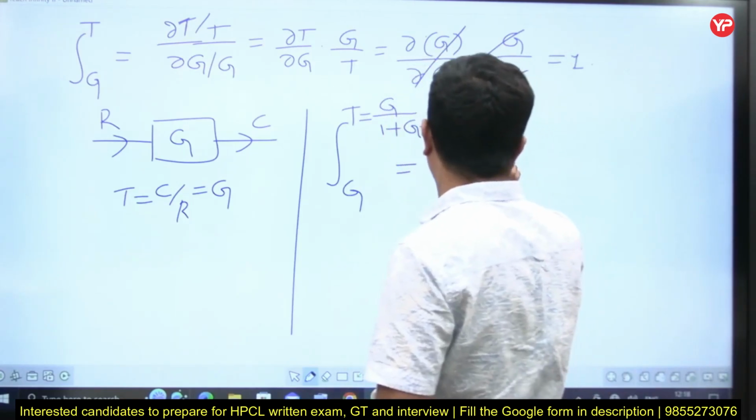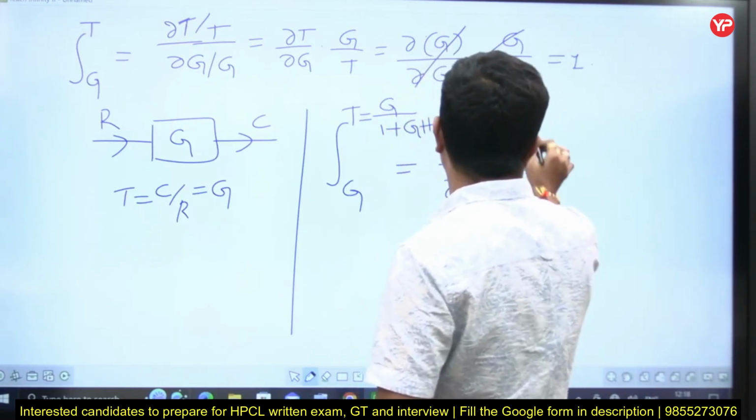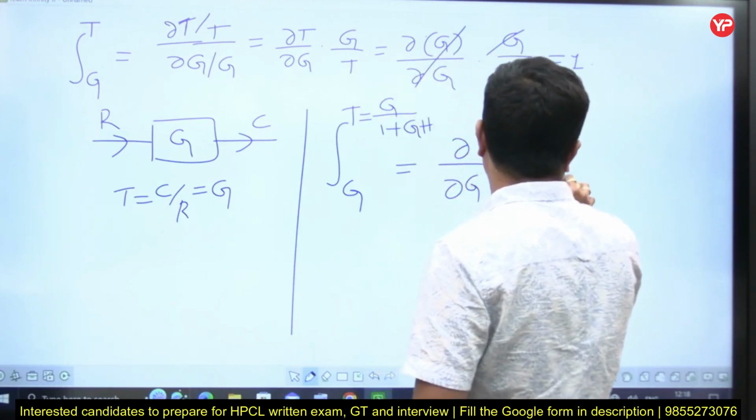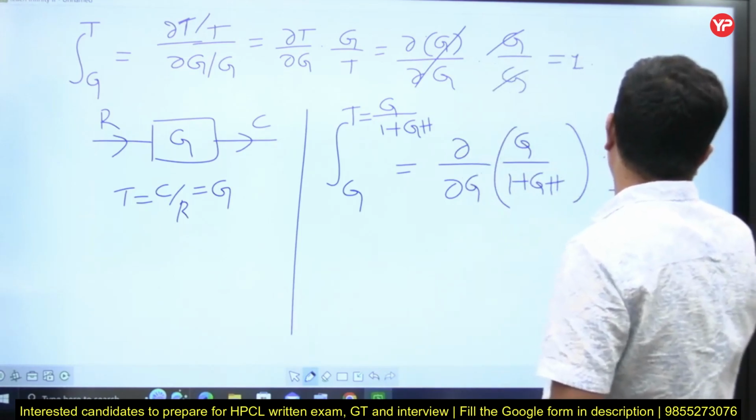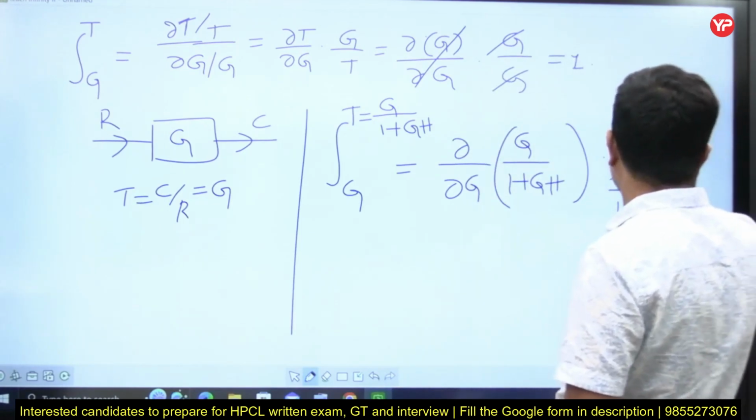With respect to G, what is the formula? ∂/∂G of T into G by T. T is G by 1 plus GH, into G by T, which is G by 1 plus GH. This G gone.